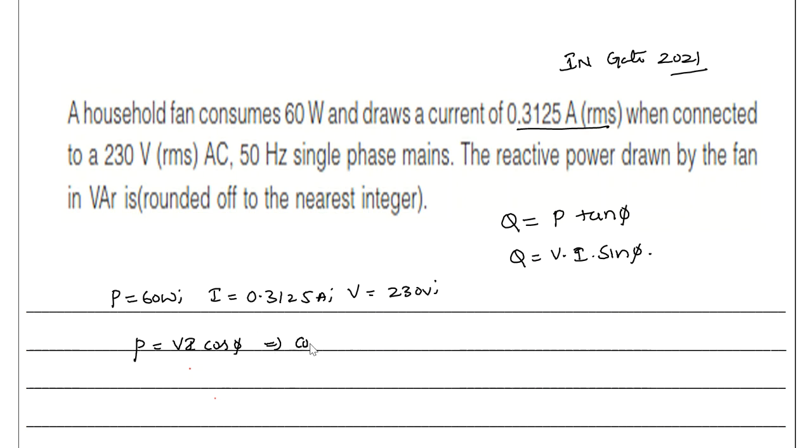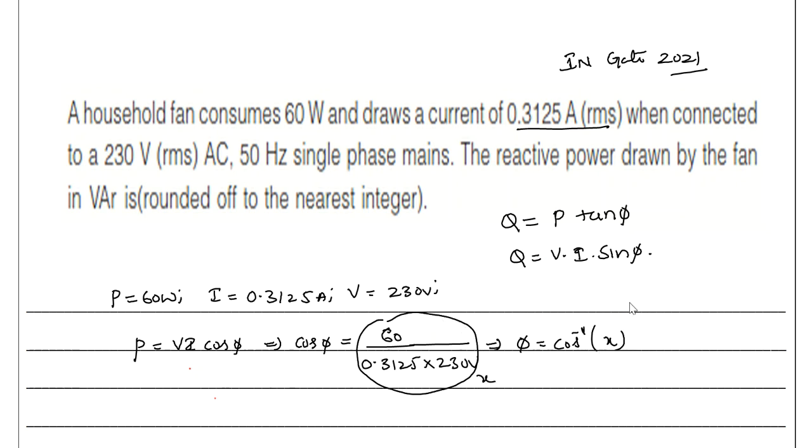So from this, cos phi is equal to 60 divided by 0.3125 current into 230 volts. Once you solve this, phi is the cos inverse of this entire value. Consider this value as x.